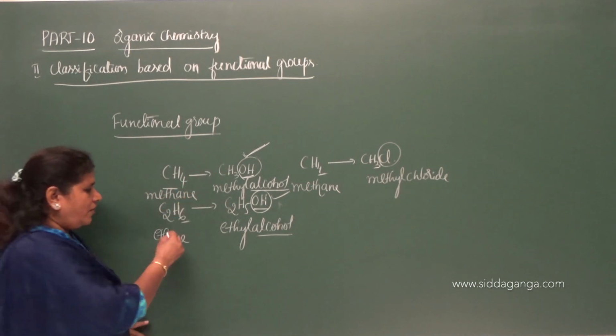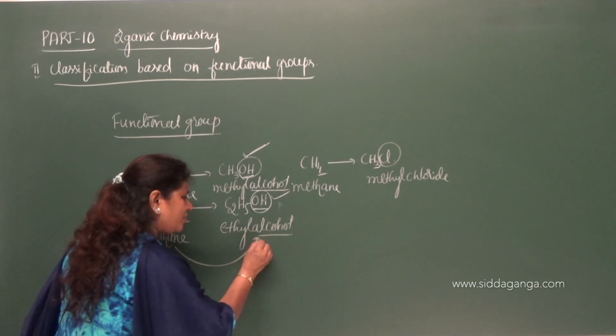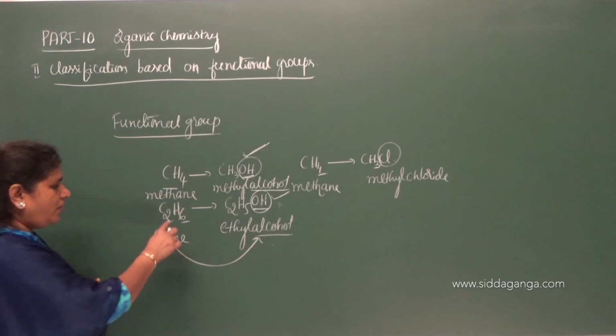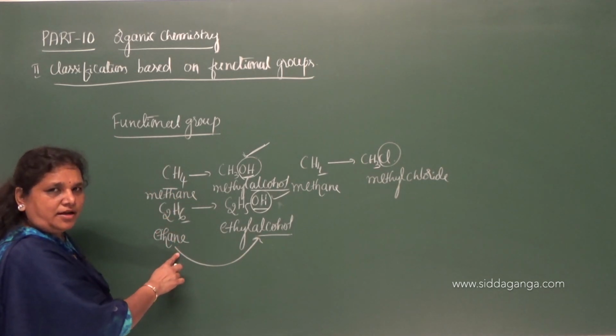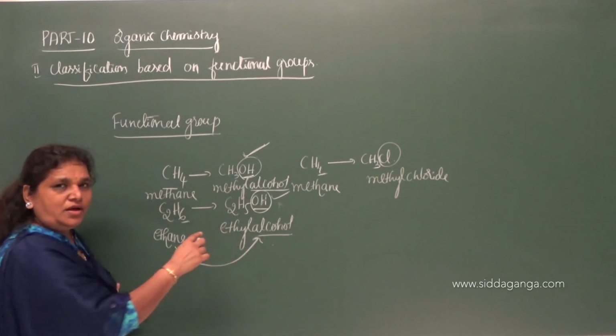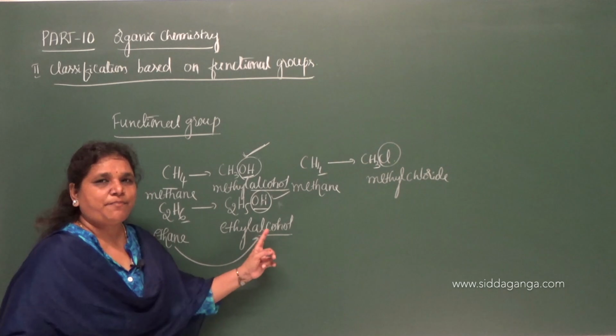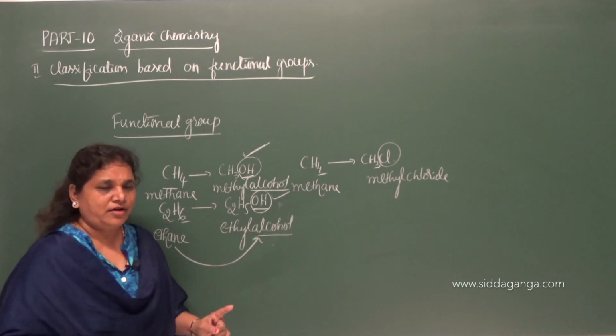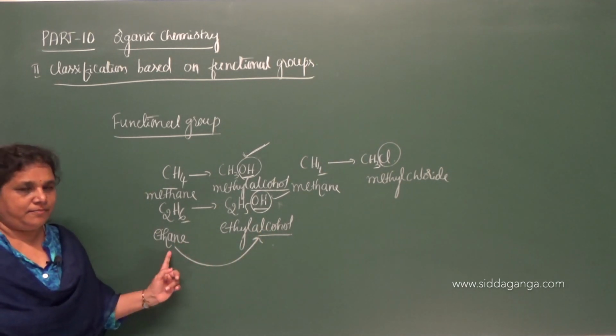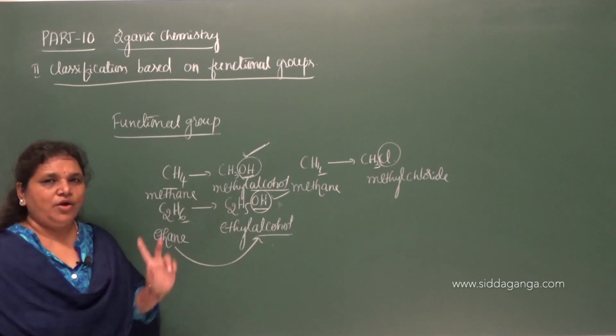And so, the conversion of ethane to ethyl alcohol. Ethane is a parent alkane. It gets converted to the next product. This is a new compound, therefore it is a product. Ethyl alcohol is a product obtained from ethane by replacing hydrogen by the OH group.